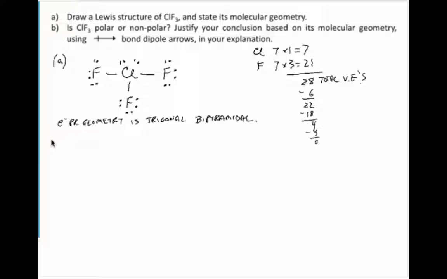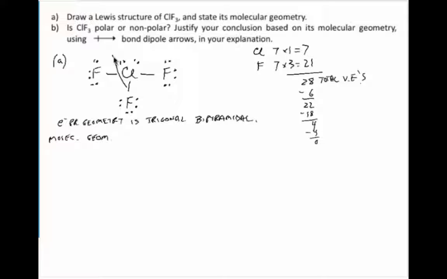As far as the molecular geometry is concerned, the pairs of electrons that we have put onto chlorine have to go on the planar part of the molecule.